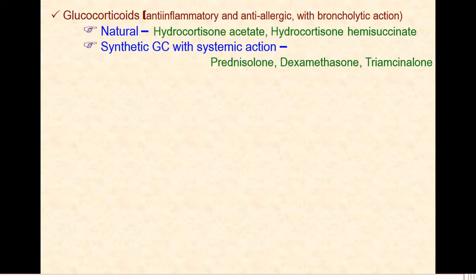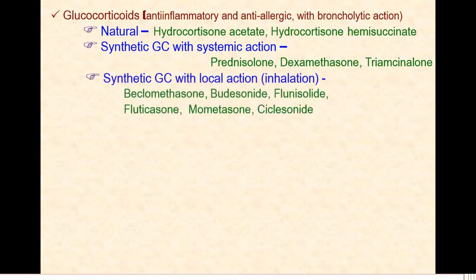When taken long term, they cause a decrease of calcium concentration in bones, and so on. So, a lot of different side effects. That is why we use glucocorticoid preparations only in severe condition of the patients.